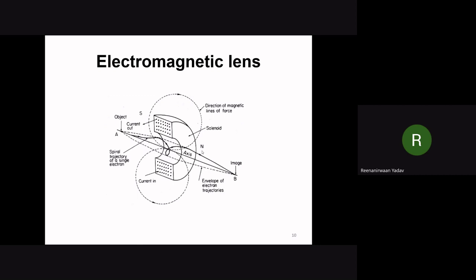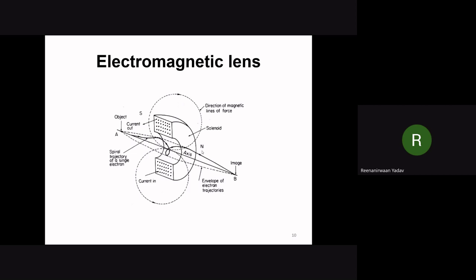But our main concern is those electrons which are far from the axis: how do we focus them? The electromagnetic lenses are made up of a bundle of copper wire with current continuously flowing through it, which creates a magnetic field. When a moving electron enters this electromagnetic field, it experiences a force which results in focusing of this electron onto the focal plane.